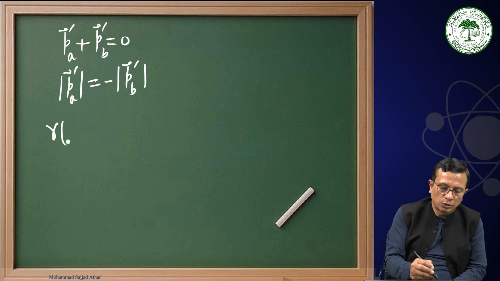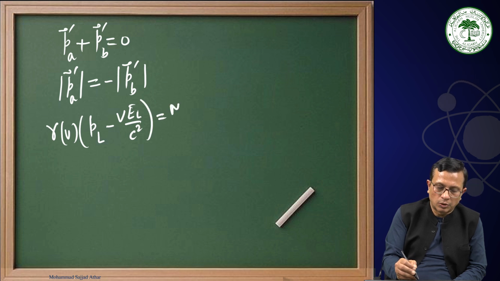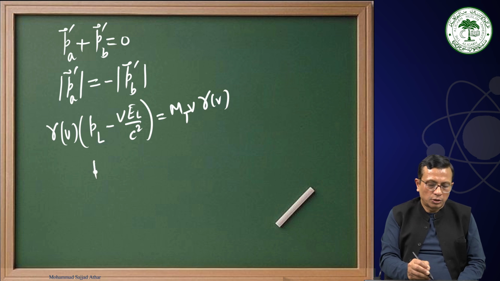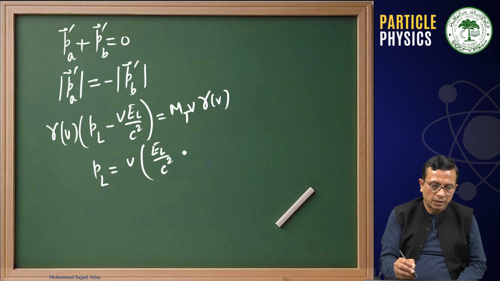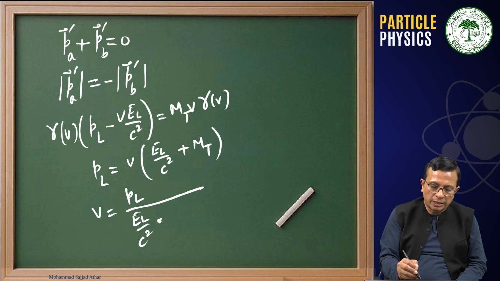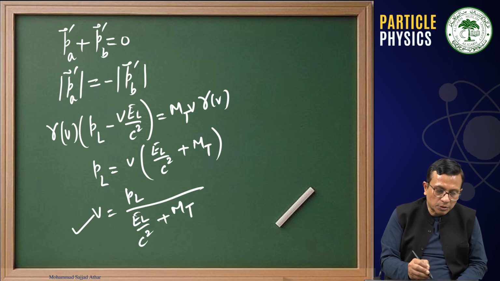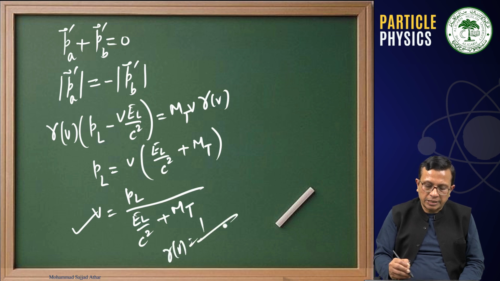Putting in those values, gamma V (PL minus VEL by C square) equals MT V gamma V. Therefore PL equals V EL by C square plus MT, that is, V is PL divided by (EL by C square plus MT). If you know this value, you know gamma V, which is 1 over the square root of 1 minus V square by C square.